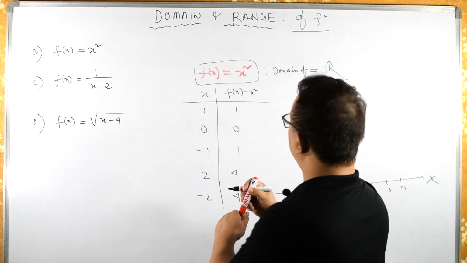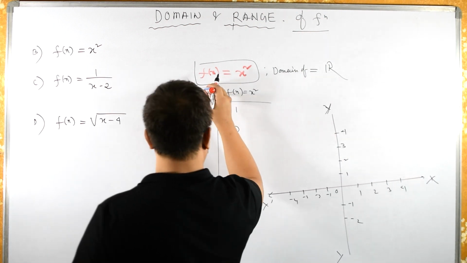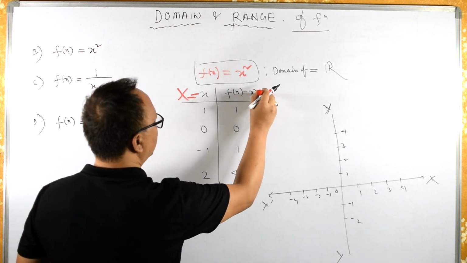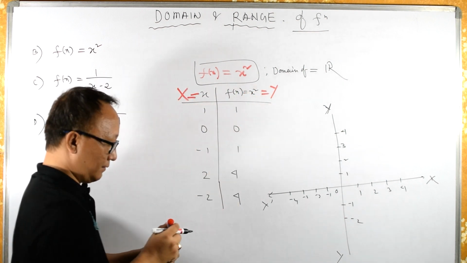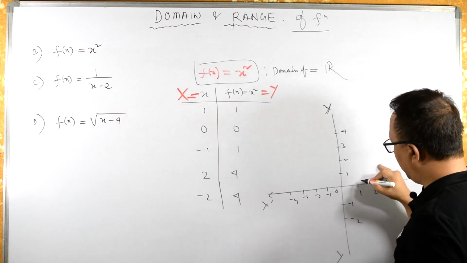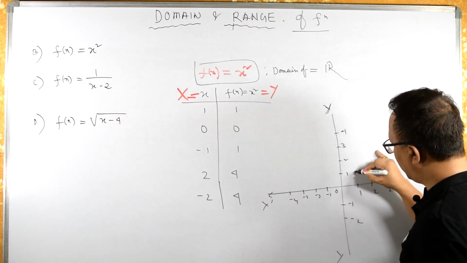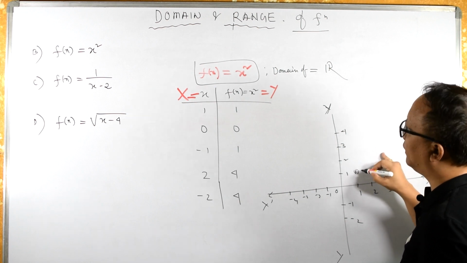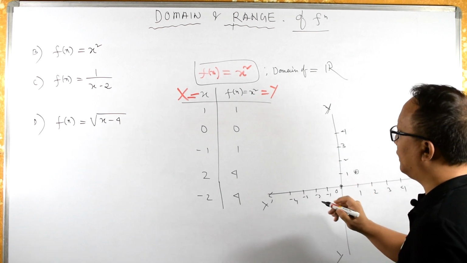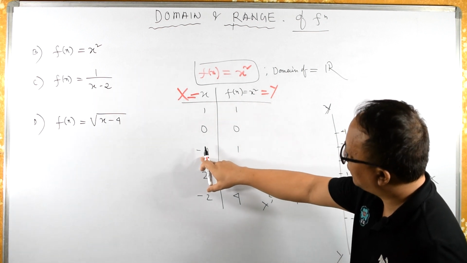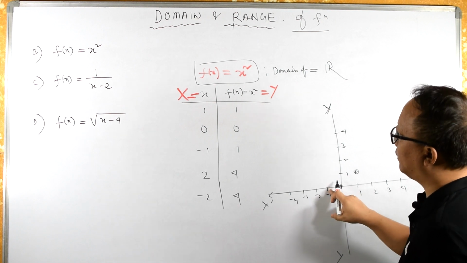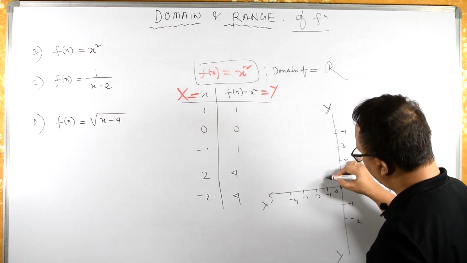Let's plot the points. This column is in the x-axis and this is in the y-axis. Therefore, the point 1, 1 is over here. 0, 0 is over here. Minus 1, 1: x is minus 1, y is plus 1.